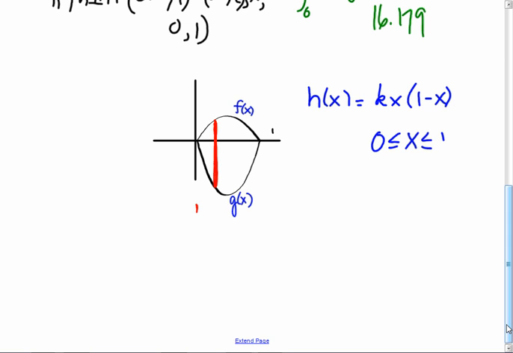Okay, so they didn't draw a picture of H and G. But if you look at F, what is F of X? F of X is 2X times 1 minus X. So all they did was change the 2 to a K, which is your vertical stretch. So instead of F, we can call that H of X. And it says now that I want to find the volume of the solid created by square cross sections.